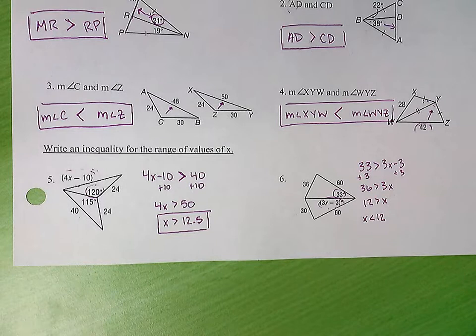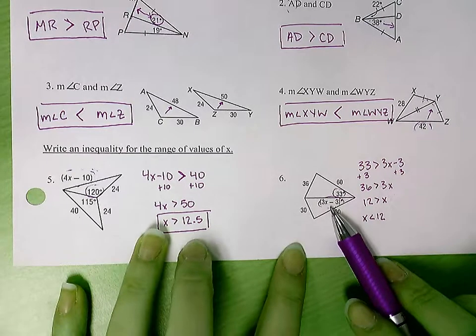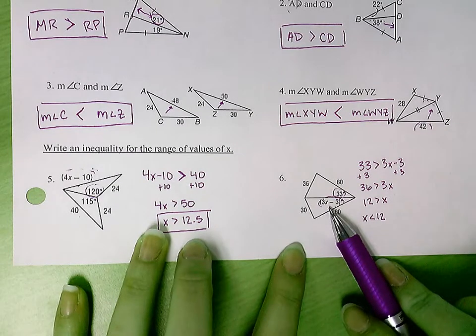Now if you think about values less than 12, okay, that could be 8. That could be 2. That could be 9. Now those values could also be negative, right? Because any value less than 12, I could go to 0 and then I can go beyond that and I could say it's negative 3. But if I look at my picture, we're talking about an angle measure here, right?